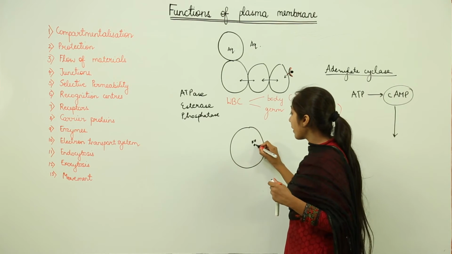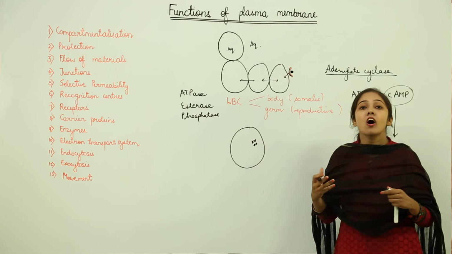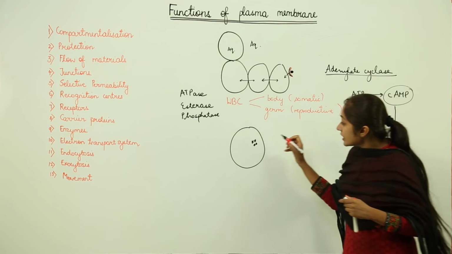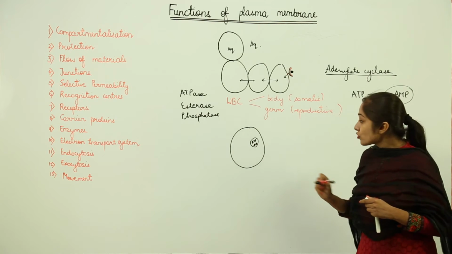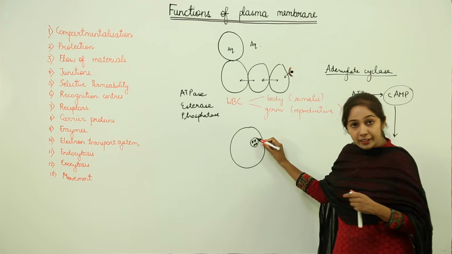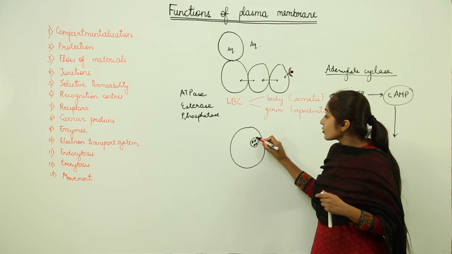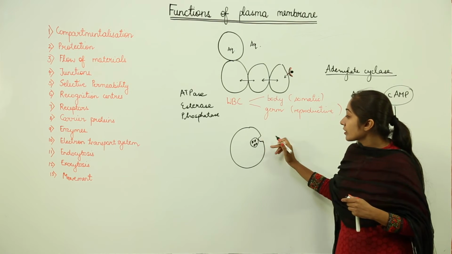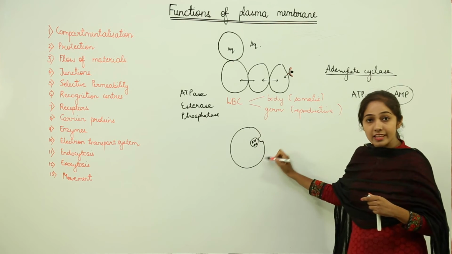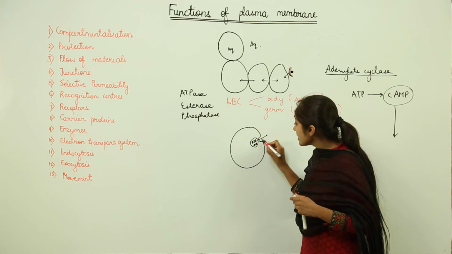For example, it is a pancreatic cell, it is going to secrete the hormone, that is insulin. So this insulin is going to be secreted in the form of what? In the form of a vesicle. So the vesicle has a membrane. This membrane of the vesicle is going to fuse with the membrane of the cell. Then this is going to be secreted out.